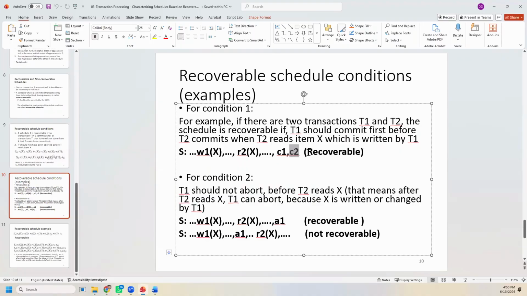If so, the modification done by T1 is permanently saved to the database, and then we can recover the database if a failure occurs. Then for condition 2, T1 should not abort before T2 reads X, right?